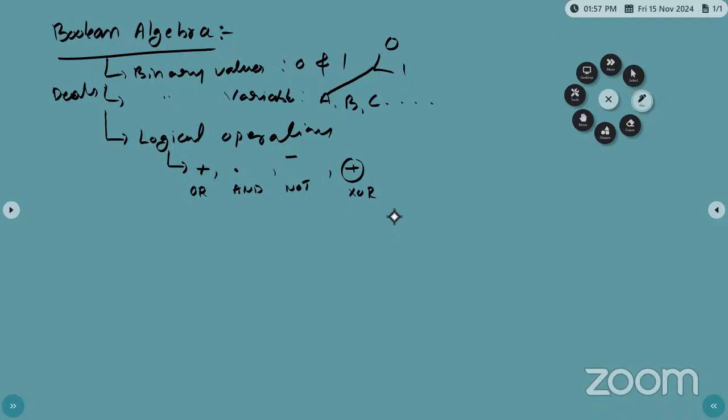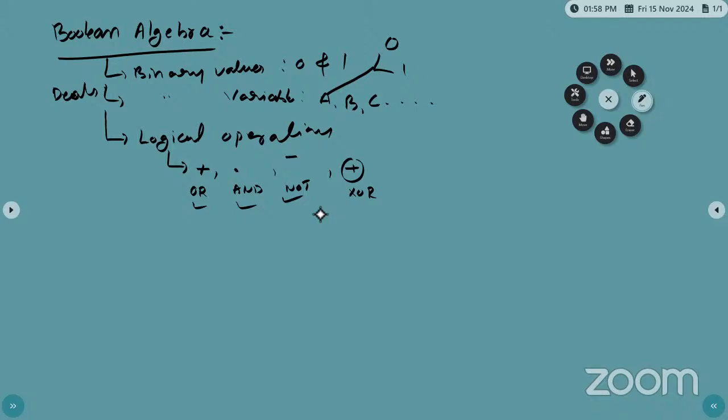The basic operators are AND, OR, NOT, only three. Using these three, we derive NAND and all other remaining logical gate operations.